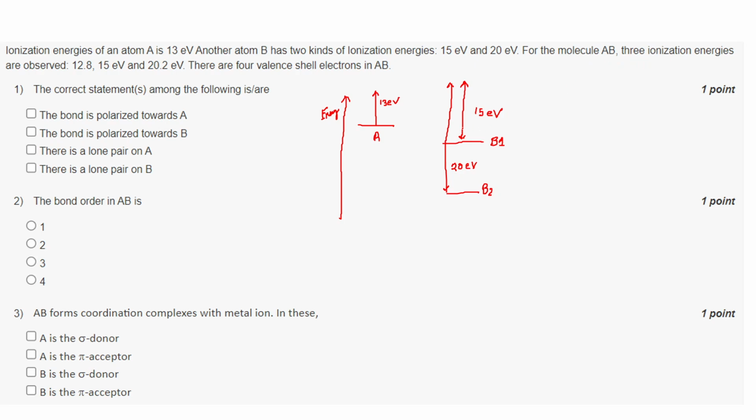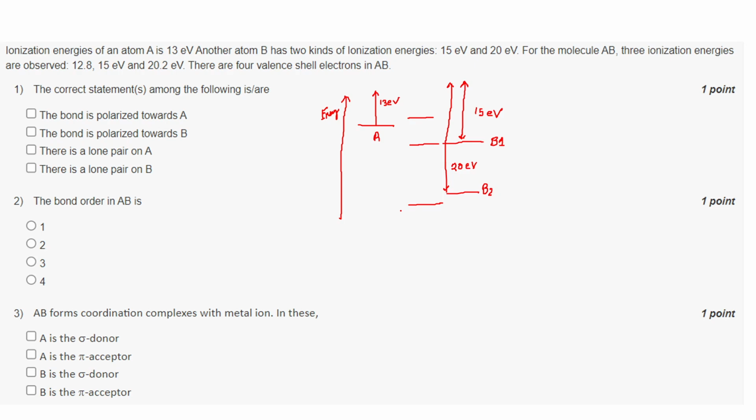One is at 12.8, which is obviously a little higher than this. Another is exactly the same as 15 electron volt, so it will be exactly the same as B1. And another is a little lower than B2 because it's 20.2. So these are the molecular orbitals.